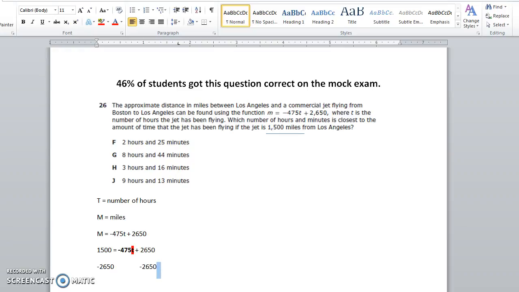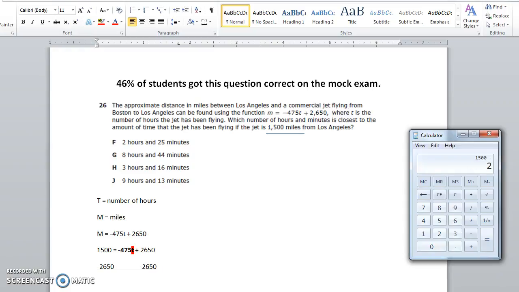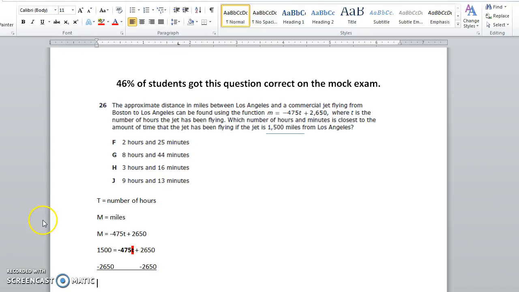And then when I do that, on the right side, this will cancel out. These are gone. And 1,500 minus 2,650, I get negative 1,150. So negative 1,150 equals negative 475t.